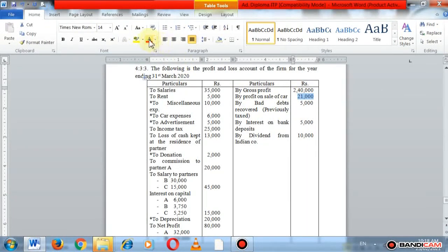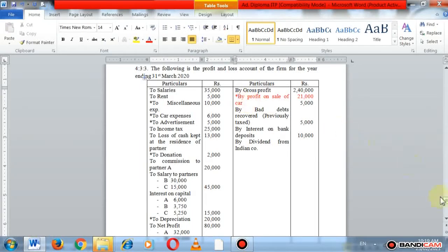It is income from other sources, or capital income, and capital income should not be taken into consideration as business income. So this profit is deducted from net profit.